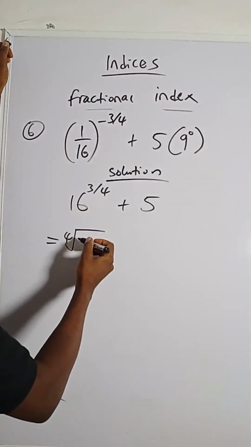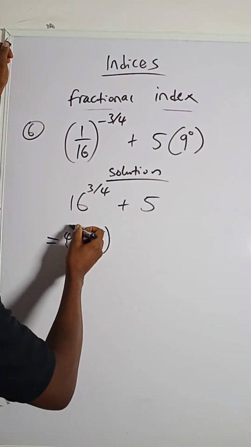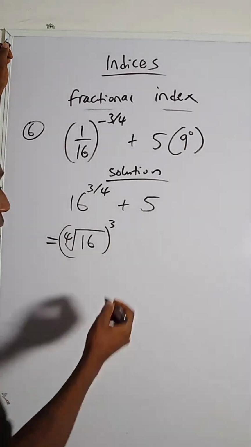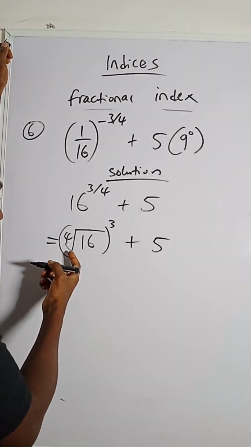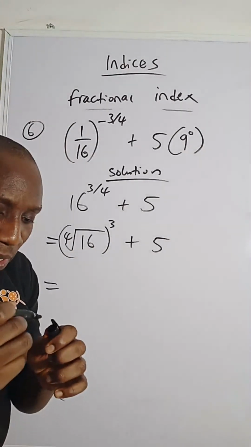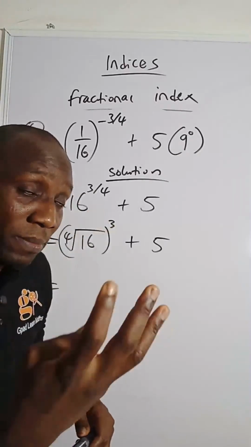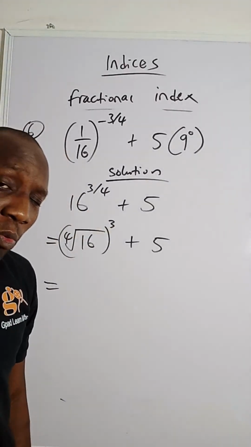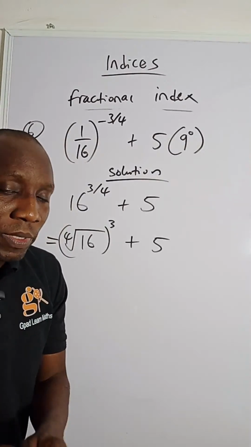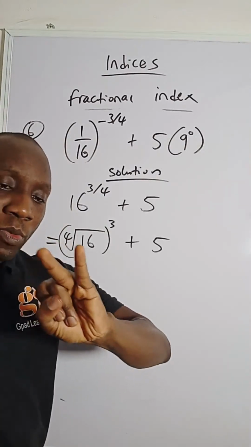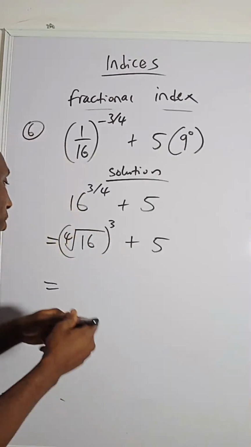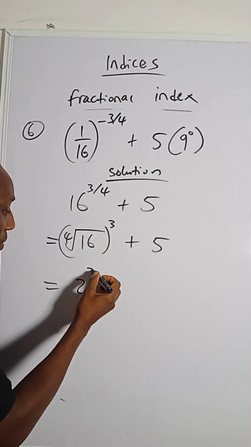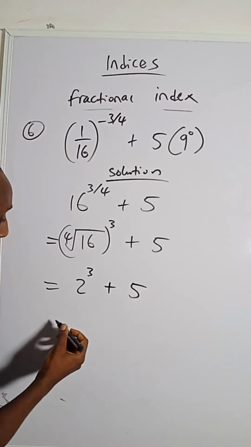So the fourth root of 16 raised to the power of 3, then plus 5. Are you getting it? So what's the fourth root of 16? Give me a number. When I multiply it by itself 4 times, I will get 16. What is that number? 2, because 2 times 2 is 4, 4 times 2 is 8, 8 times 2 is what? 16. So that's 2 raised to the power of 3 plus 5.